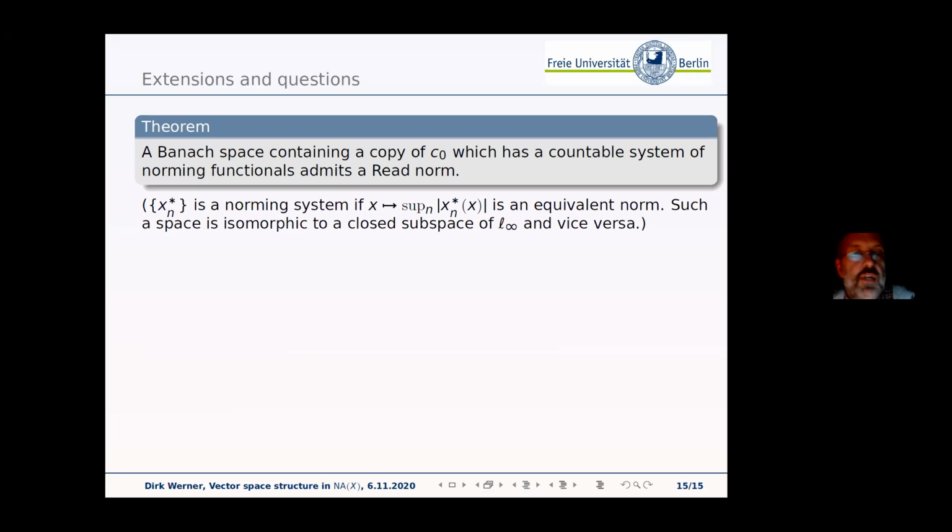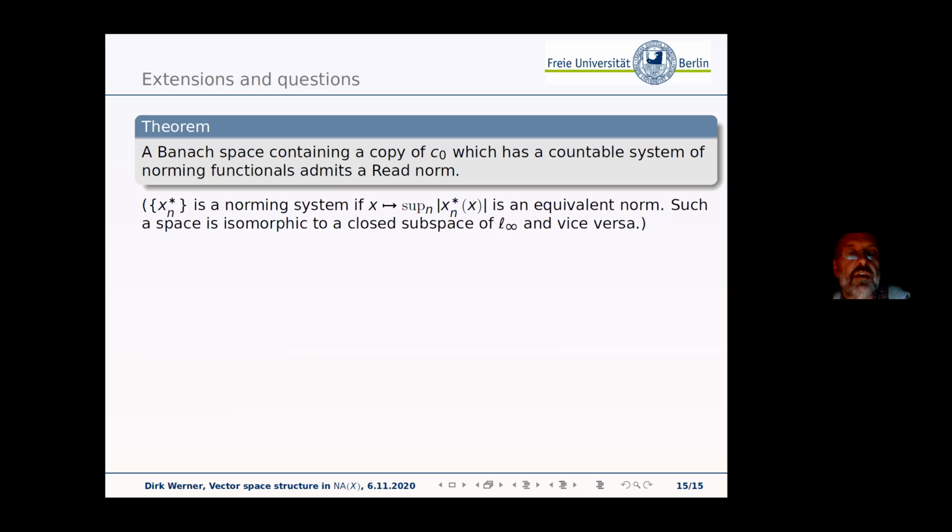And some steps in the proof here are as follows. First of all, such a space is a subspace of little L infinity, almost by definition. And then we are using the Lindenstrauss-Rosenthal theorem that Przemek mentioned the other day to map the subspace isomorphic to C0 to the actual C0 in L infinity.